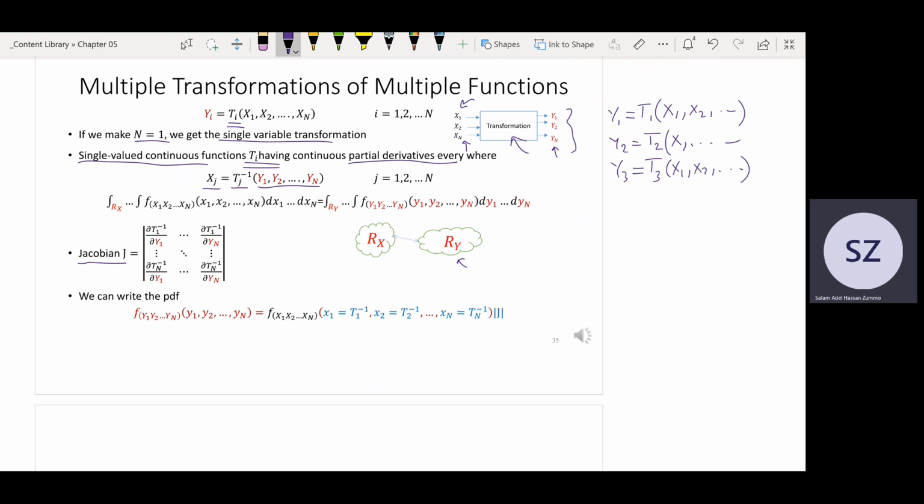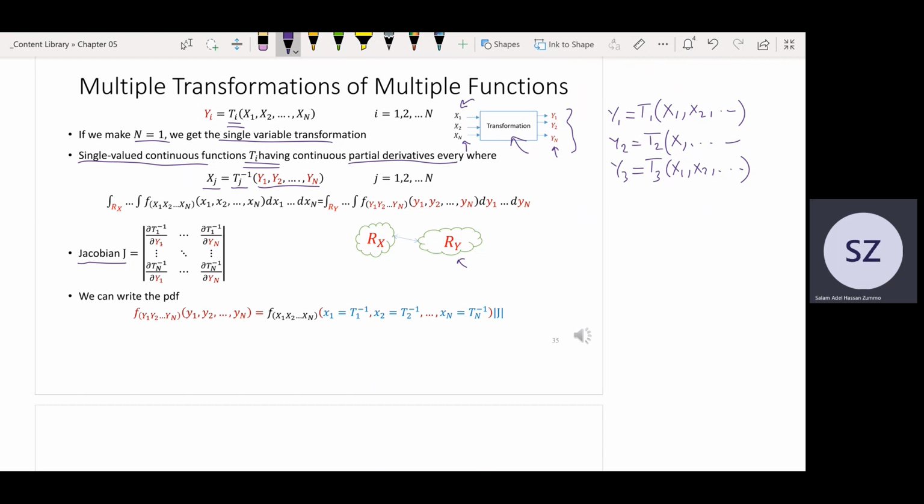So when we say the Jacobian, it is the derivative of the inverse of T1 with respect to Y1, and so on. Here we have T1 with respect to Y1, T2 with respect to Y2, and so on until Tn with respect to Y1, and we go column wise, T1 with respect to Yn, Y2, Y3, until we get Tn with respect to Y2.